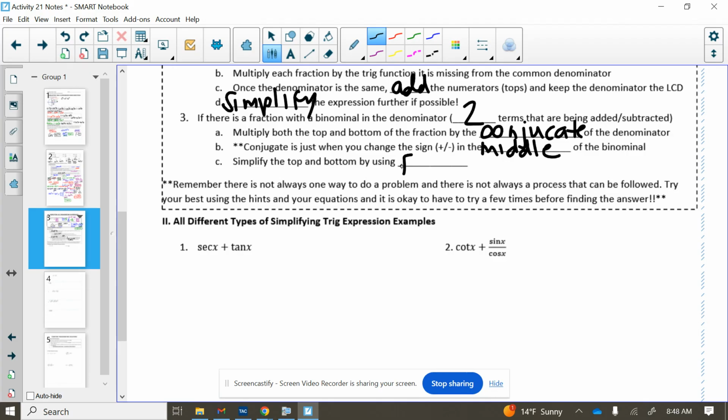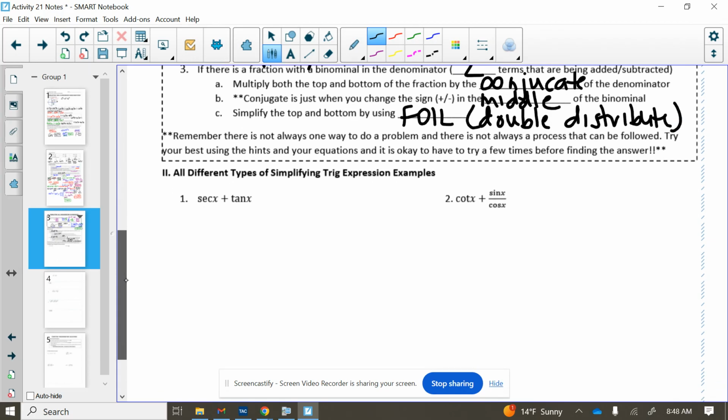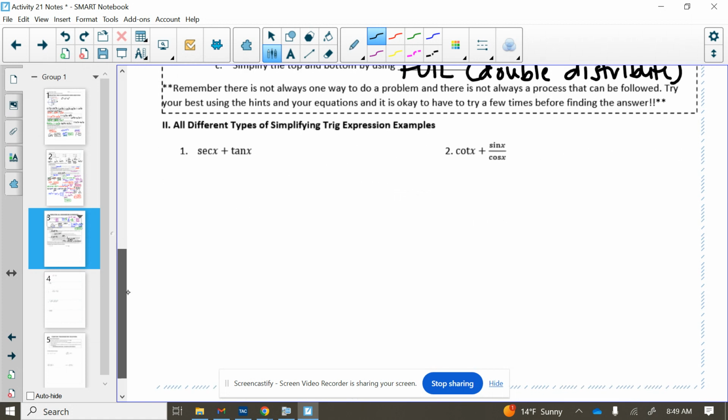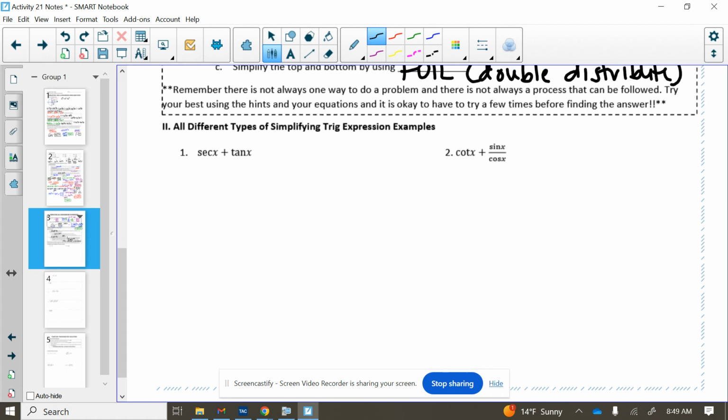And then sometimes we end up having to expand it out by FOILing. Sometimes you see that double distribute idea I threw out, or like expanding. Okay, reminder, there's not always just one way to do a problem, and we will see a lot of different methods, and there are oftentimes more than one that are going to work out. So let's get into some examples.